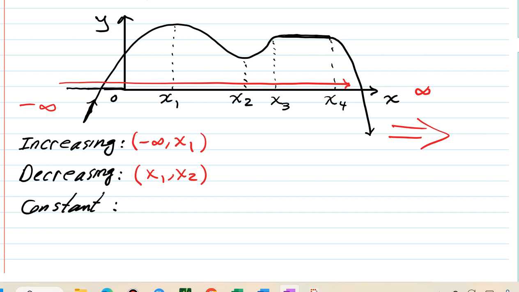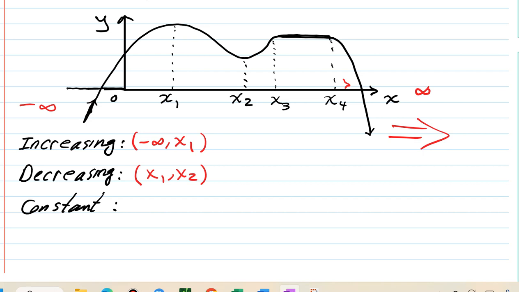So some use closed intervals. I guess those are the proponents of maintaining continuity, because see, if you have open parentheses at x1 in both directions, what about at x1? It seems like the function isn't defined. But to me, that's not the justification.